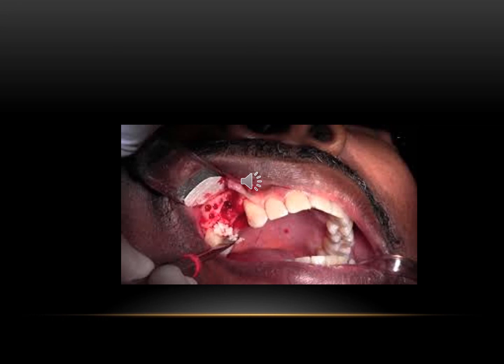You can see the recipient bed. The bone defect is perforated using surgical burrs. Now we put the bone graft on the bone defect, and you can see the membrane which is prepared to cover this bone defect.